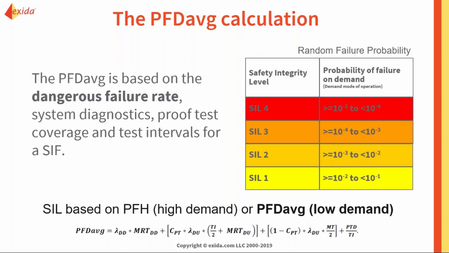As I said before, there are a lot of variables in the PFD average that are controlled by end users, such as if they're actually proof testing and proof testing on time, which proof test procedure they're following, their mission time, all of that. However, you can give them a lot of pieces of the information for them to do this calculation.